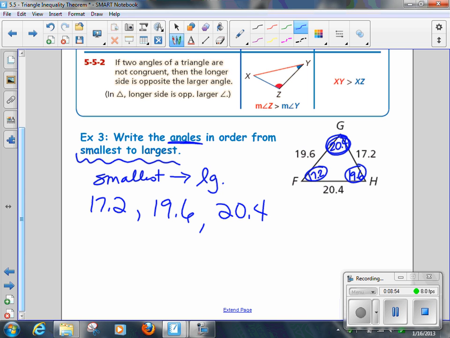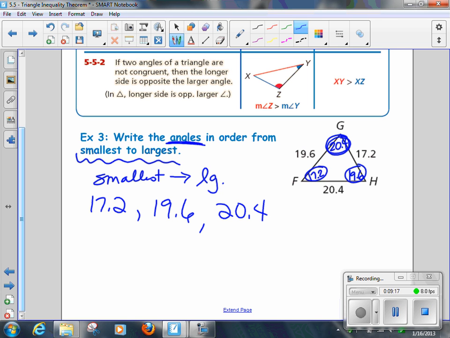Could those numbers even be the measures of the angles in that triangle? Why not? Because it has to equal 180. Do they equal 180 degrees? No. So if you just throw them in the opposite corner and circle them, then we're going to remember that I'm listing my angles.